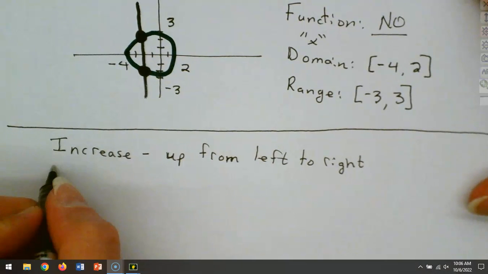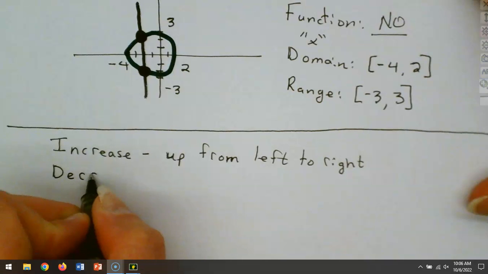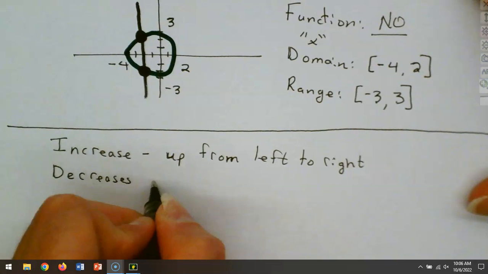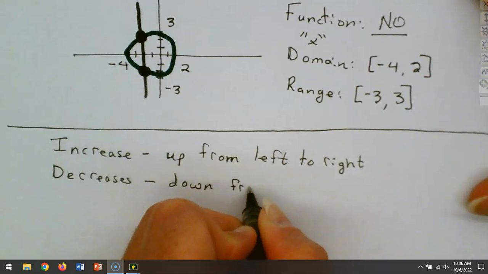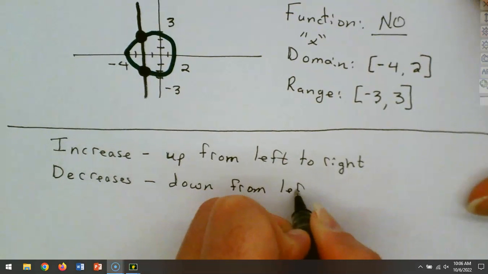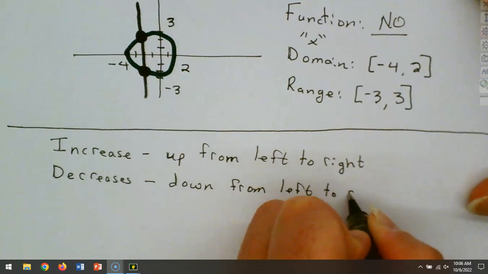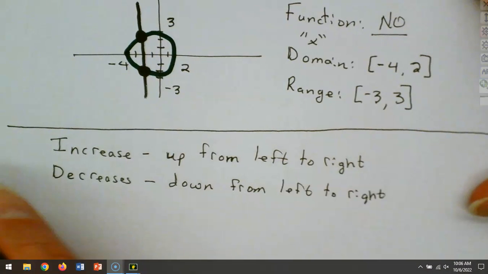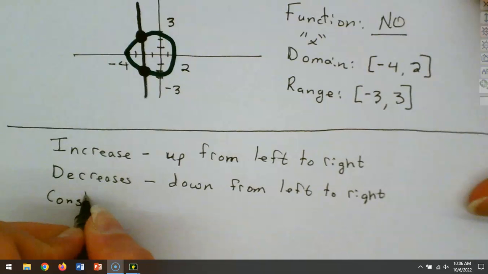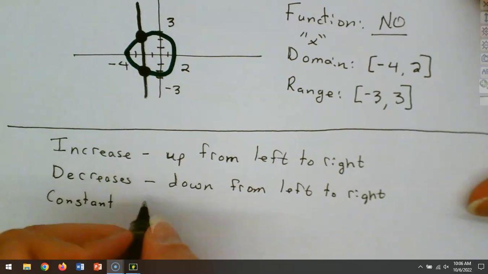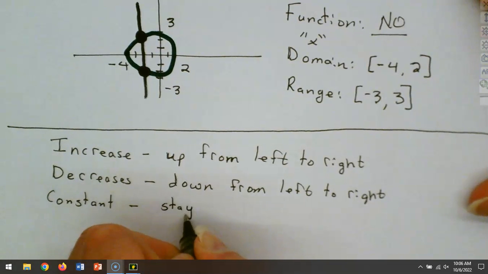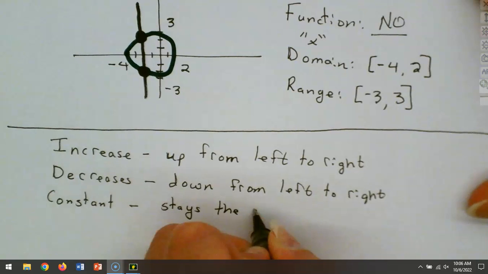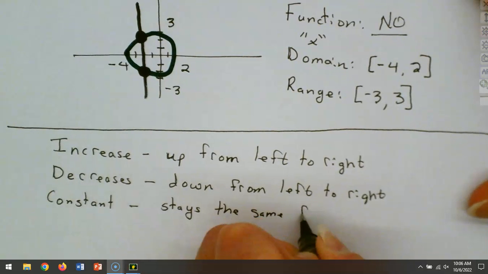When we talk about where it decreases from, it's going down from left to right. And what about a constant function? Constant functions stay the same from left to right.